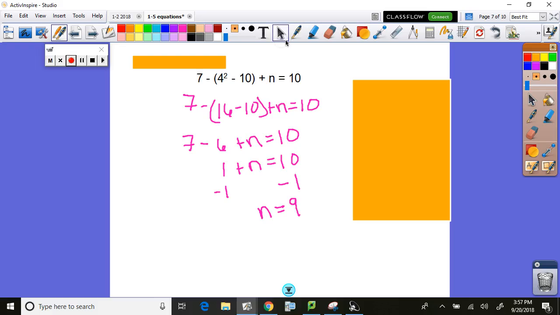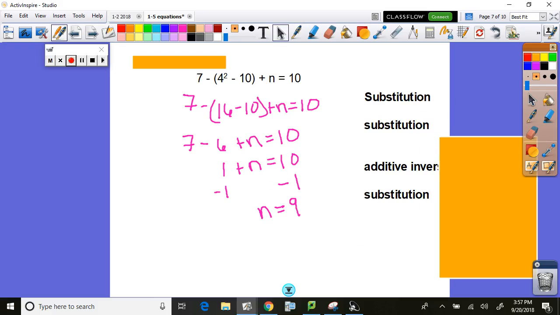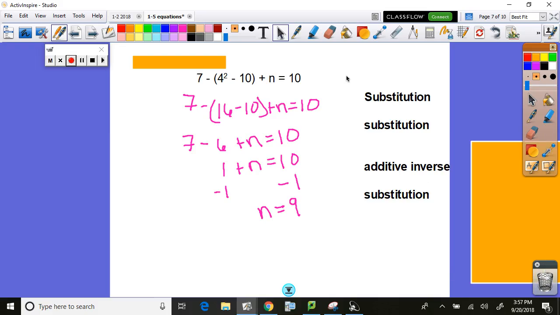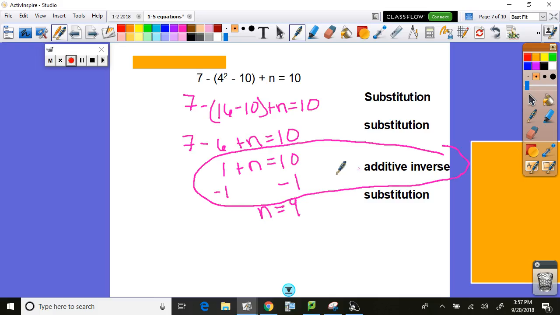So the properties that I've used there: substitution, substitution, here's the tricky one, additive inverse. When we subtract a number from both sides of an equation to solve it, it's our additive inverse. And then I actually substitute it. This problem has one solution or a unique solution.